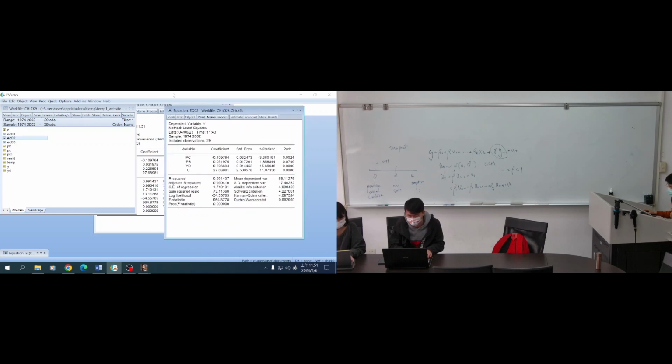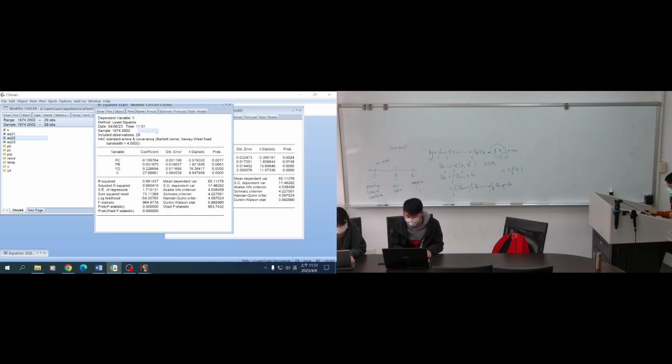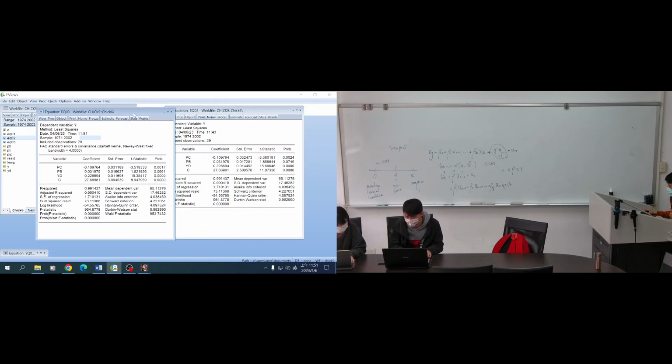This two, okay, this two do have the same coefficient, but different standard error. Do you see that? You all see that?